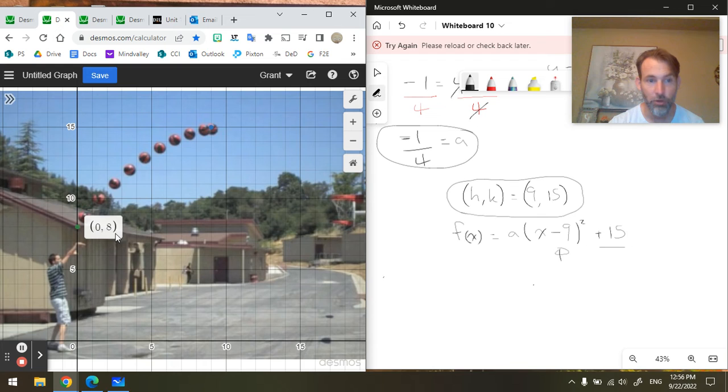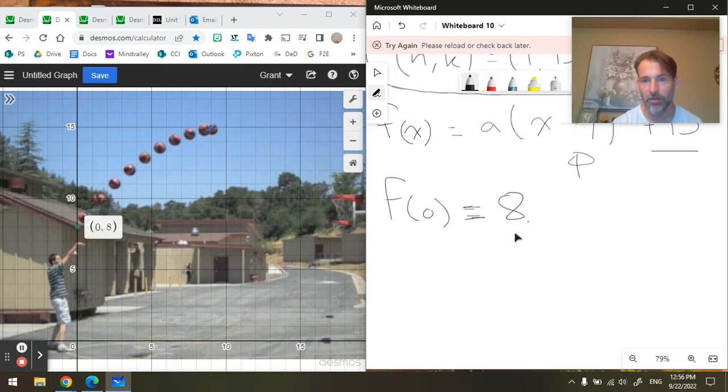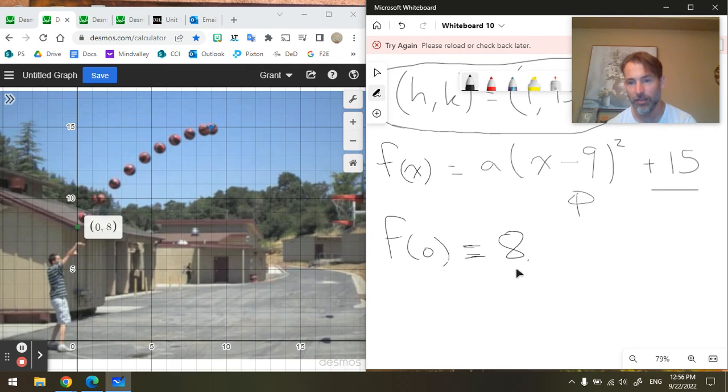So I chose the point 0, 8 to work with. So that's telling me that when x is 0, when I substitute 0 into this function, I want it to output 8. And let's see how that's going. Okay, so the function should be equal to 8 when x is 0.